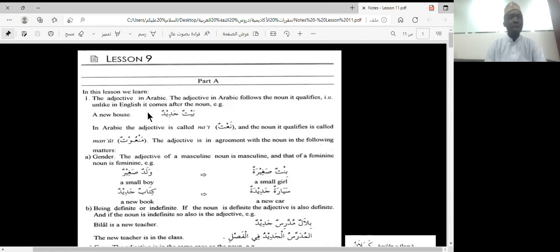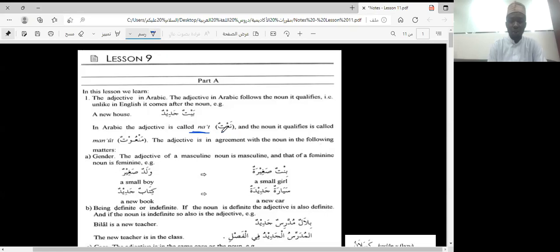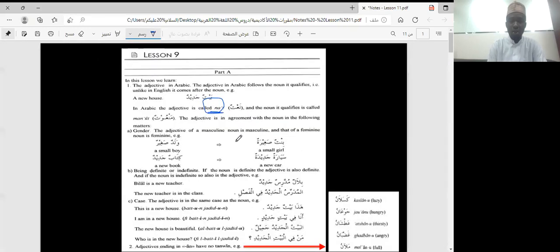In another word, they call na'at sifa. So sifa is a synonym to na'at. Sifatun, or na'atun. Nun, ayn, and ta with tanwin bil-dam. Na'atun.